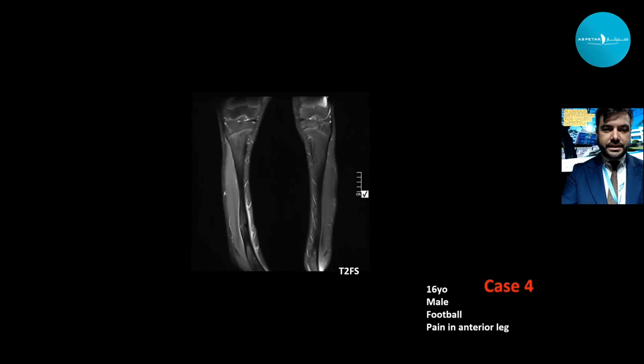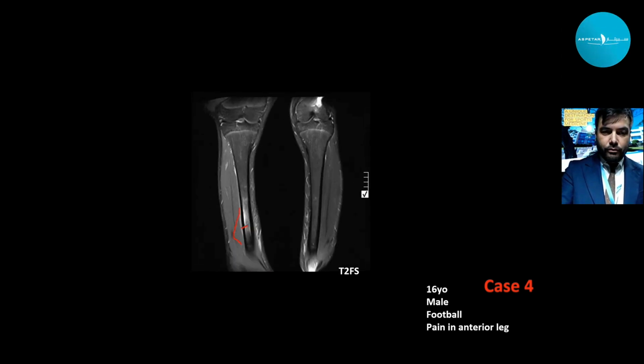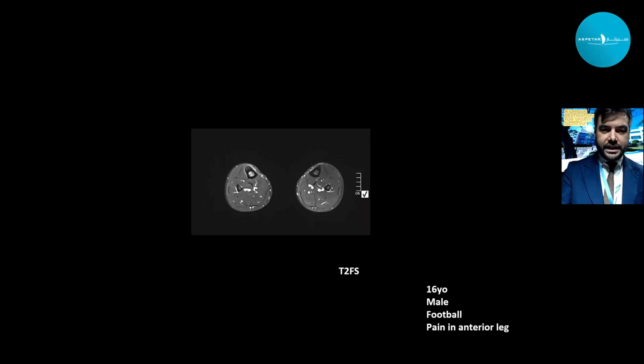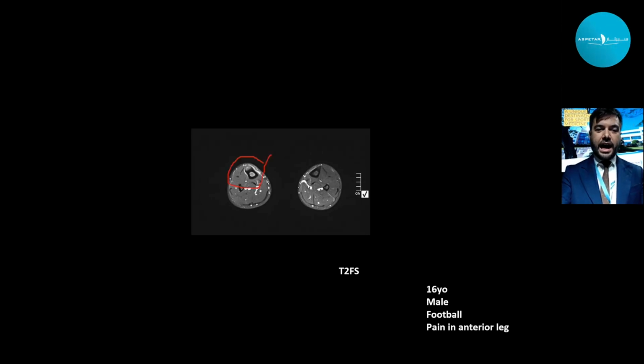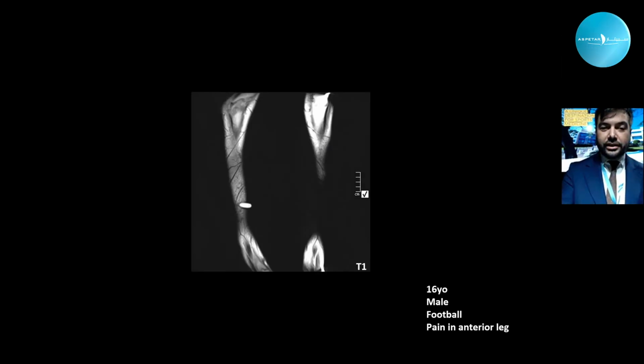And this is another case. This is a coronal sequence. We can see here on the right side, periosteal edema. We can see a small fracture line, bone edema. In the axial view, we can see here in the tibia a thickening of the anterior cortex, increased signal intensity within the cortex.